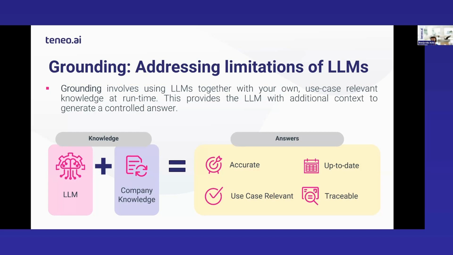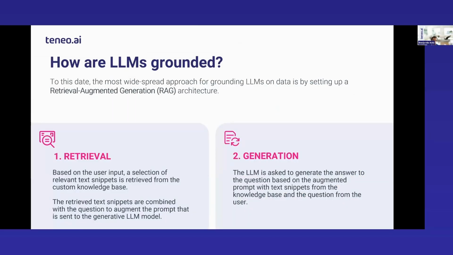And the grounding itself here, the architecture, which is called Retrieval Augmented Generation, works in two steps. That's a good point to understand, because it gives us some advantages. There's a retrieval step, in which we want to identify the most relevant text snippets from our database, which we decide, right?